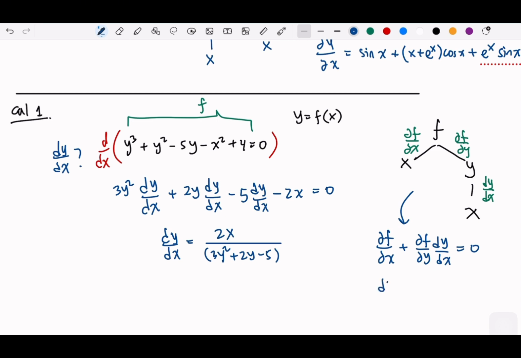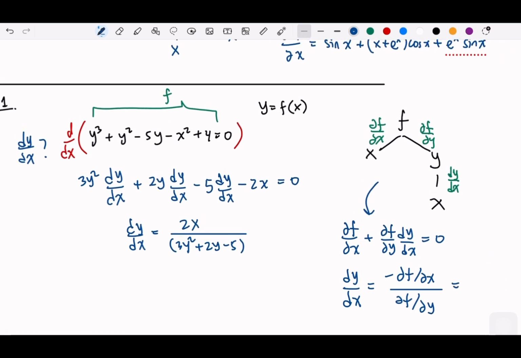And from that perspective, dy dx will be negative partial x over partial y. If you see partial x, if you partially derive, this will be only negative 2x.